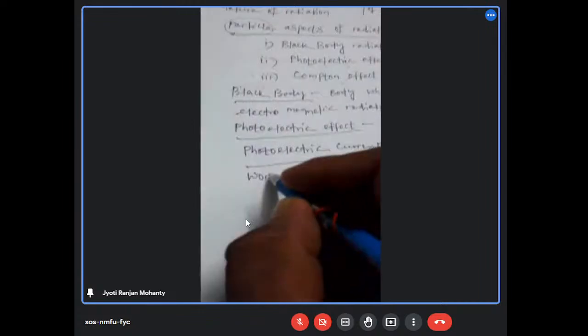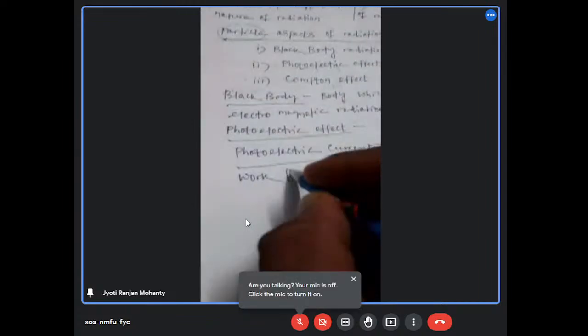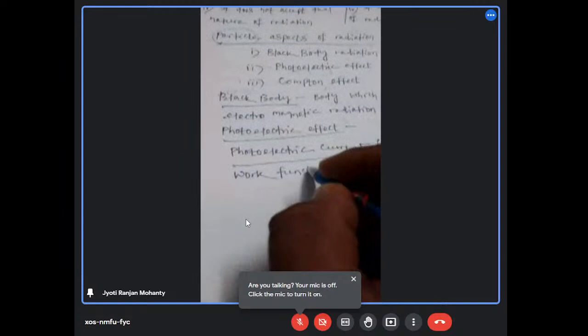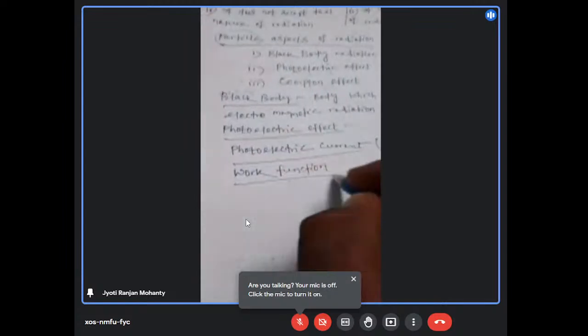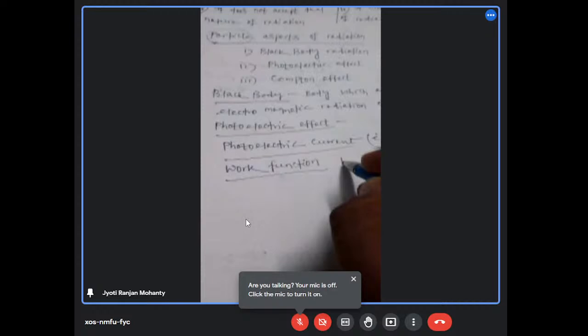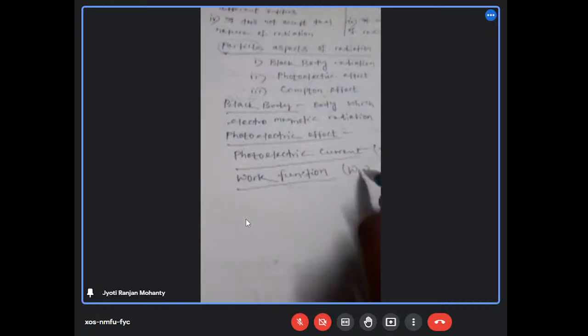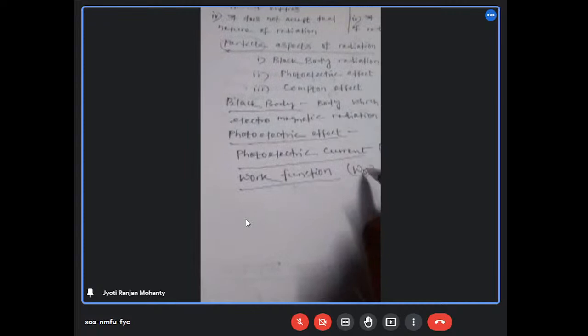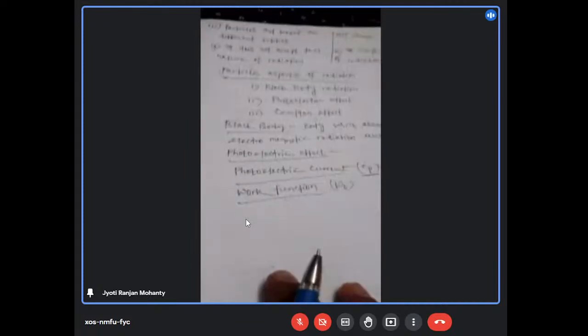Here we shall discuss some points. The first point is known as work function. Work function, I can take the symbol as W0. It is the minimum energy required to remove an electron from the surface of the metal.